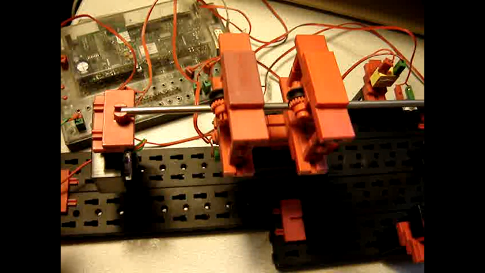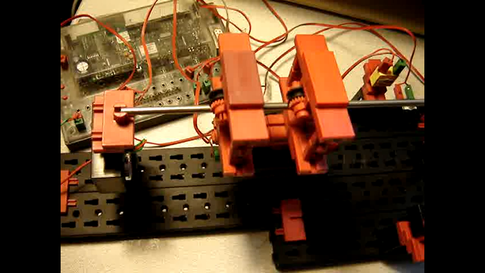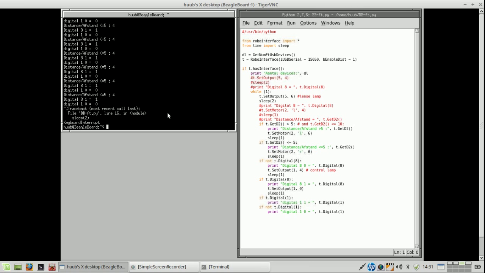Anyway, let's test this first and see what happens. I'm very curious. So once again I will hold the carriage by hand and see what happens this time.